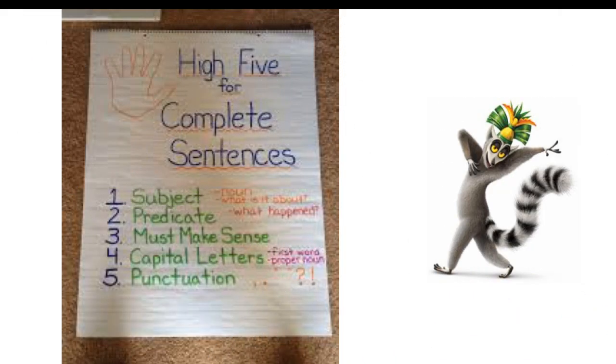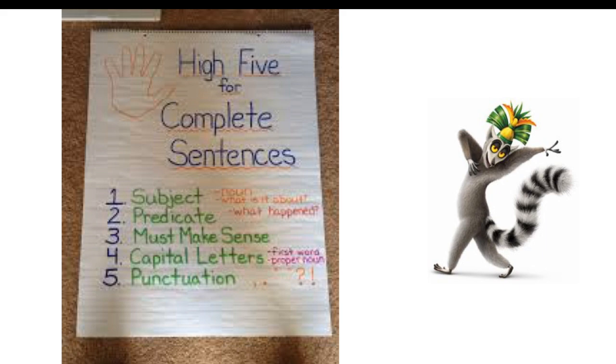So every sentence must have 5 things. It must have the subject, the noun or what the sentence is about. It must have the predicate, which says what happened to the person, place, animal, or thing.